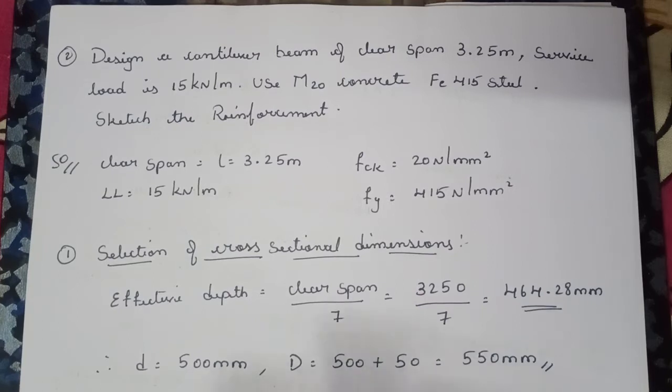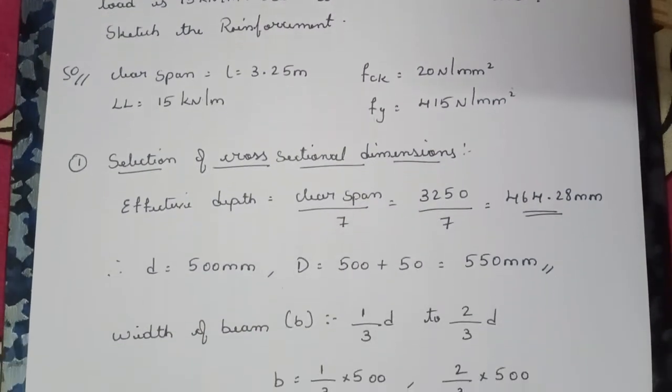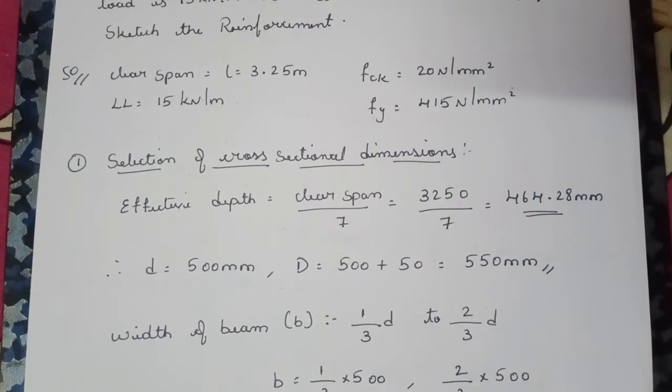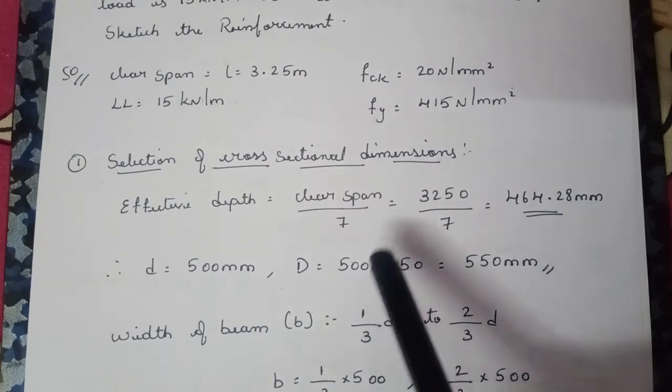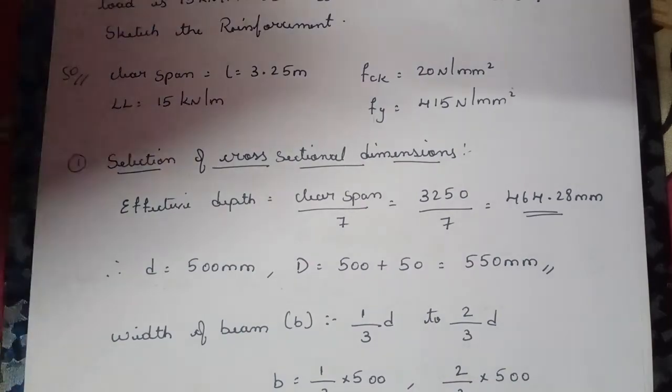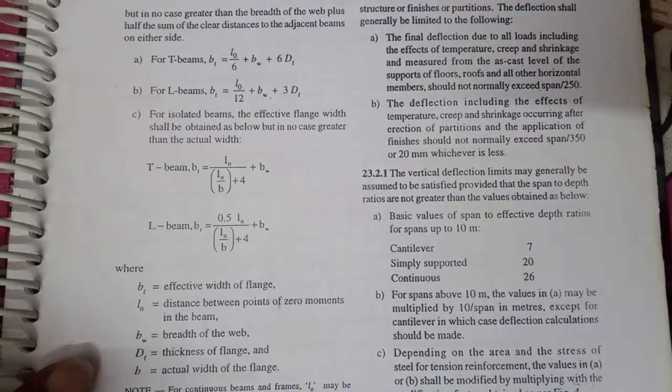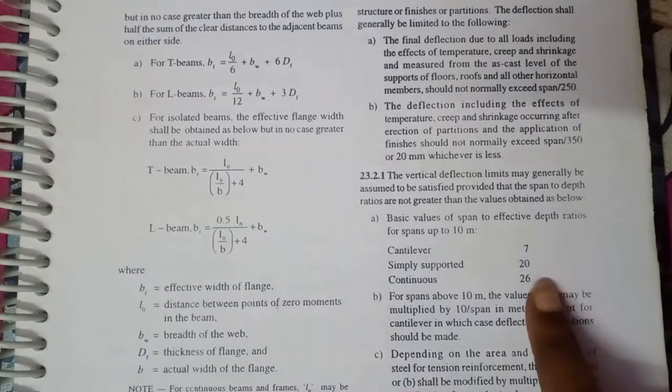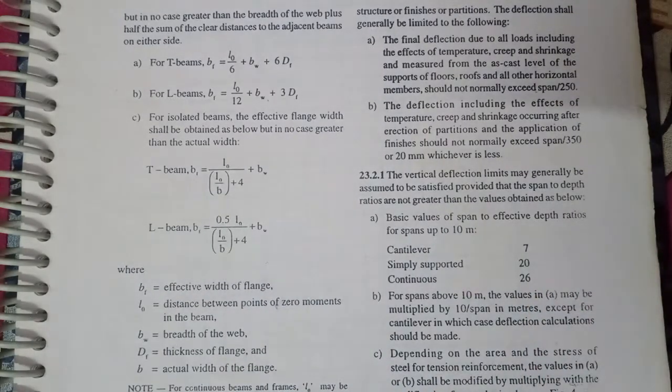Now write down all the given data. With this we'll calculate the dimensions, length, breadth and depth of the beam. So for that we are using the span divided by 7. If you go to the code book, page number 37, you will find a table in clause number 23.2.1.1.